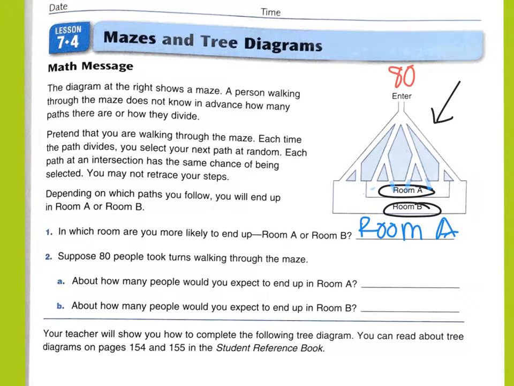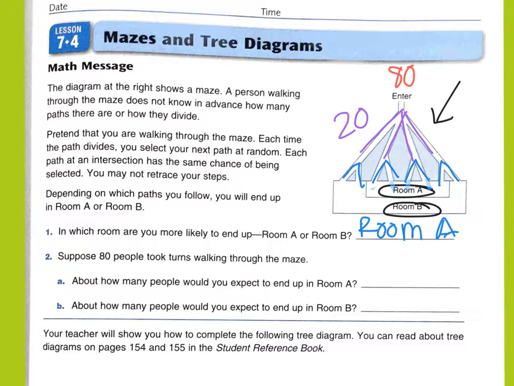If we split 1, 2, 3, 4 ways, it means that 20 people would go each way in each of those first 4 paths. Then, if we continue, those split off into 2 each. So each doorway would have 10 people going through.